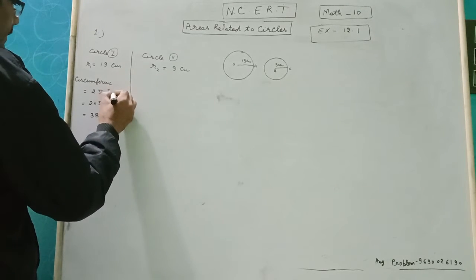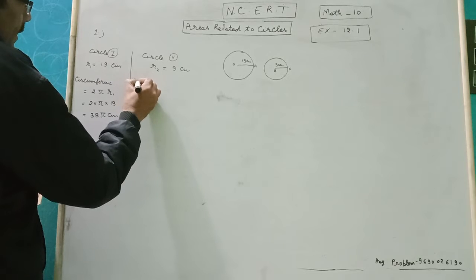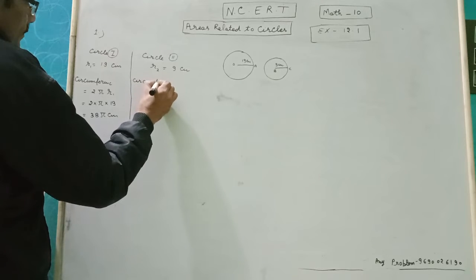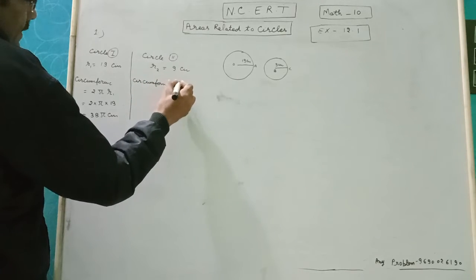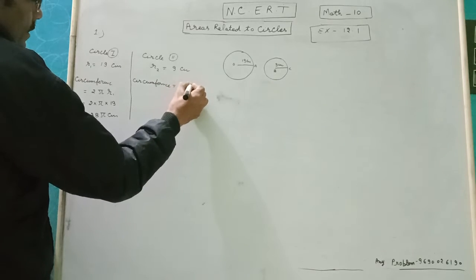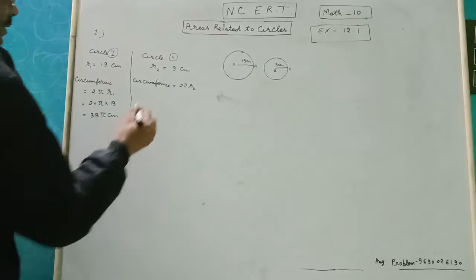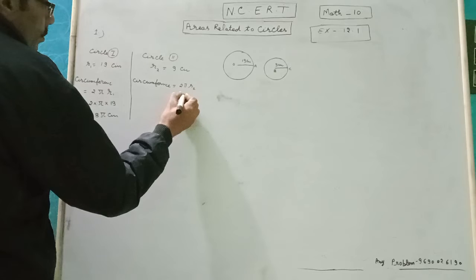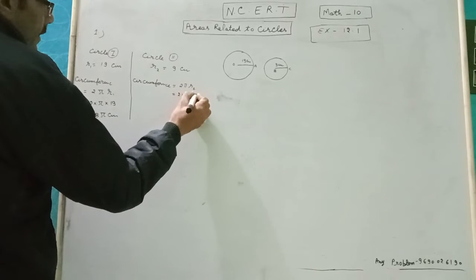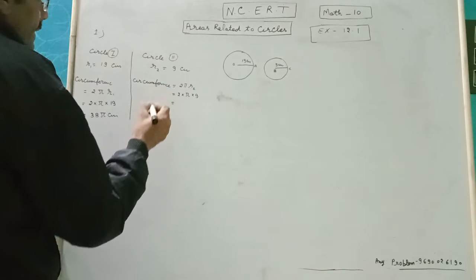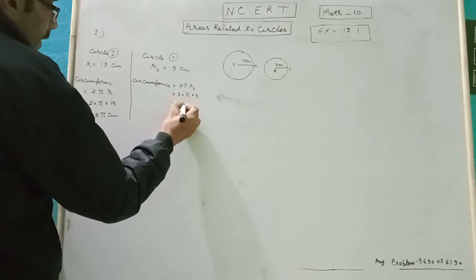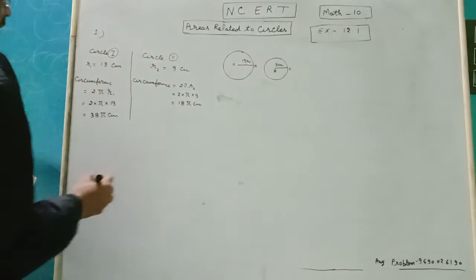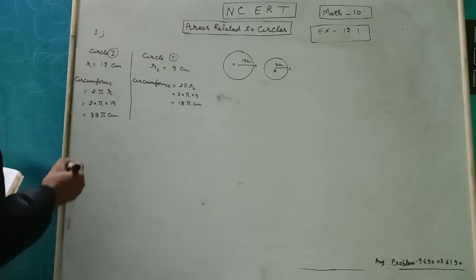For the second circle, 2 pi r2 is the formula, where r2 is the radius. 2 into pi into 9 gives 18 pi cm, the circumference of the second circle.